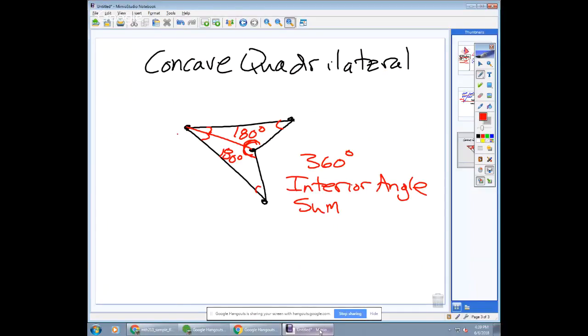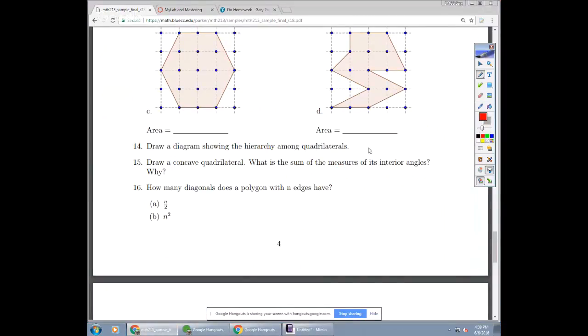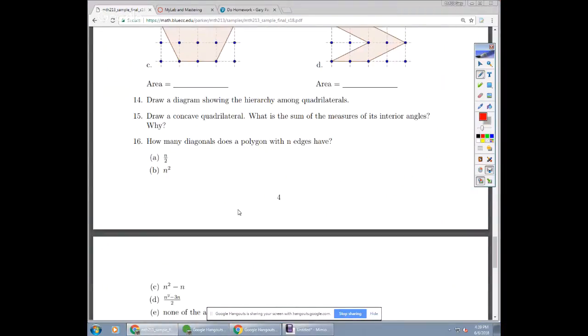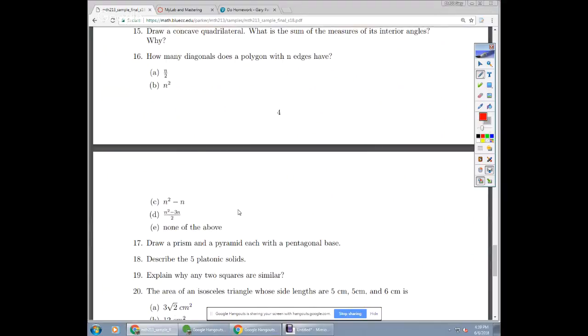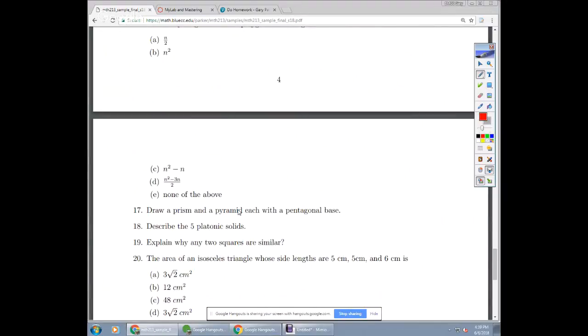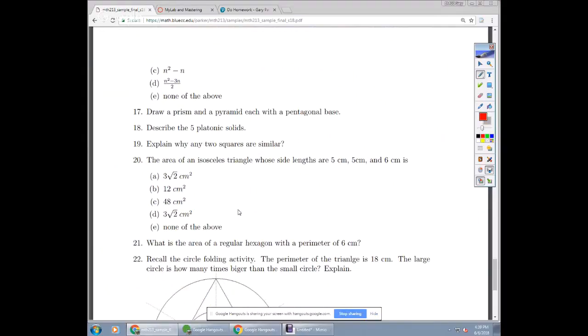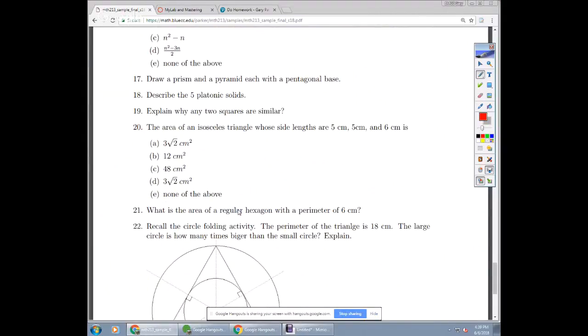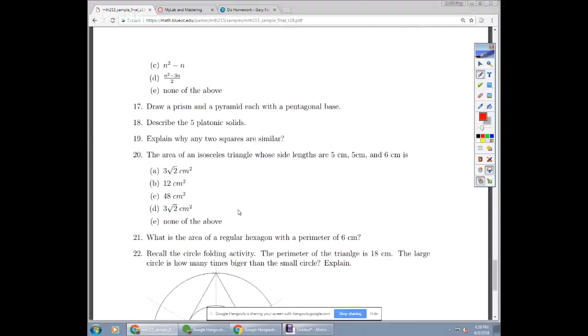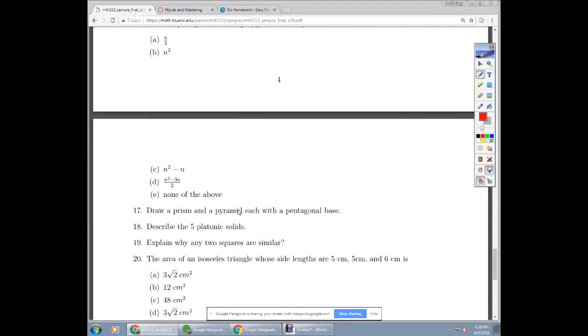All right, we have time for one or two more. How do they want us to describe the platonic solids? Like, just how many sides they have?